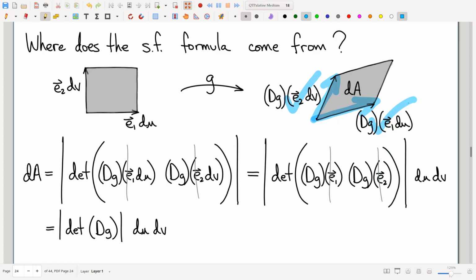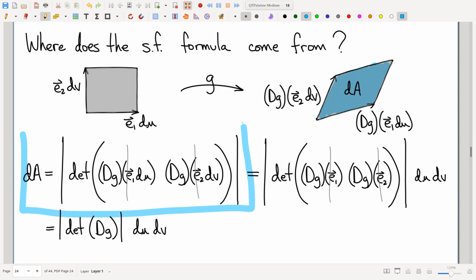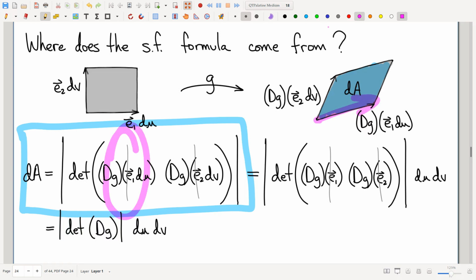Now, next thing I'm going to do is compute this area. Well, that's a parallelogram, and we have a formula for how to compute the area of a parallelogram, right? Way back, chapter 1, possibly Math219. The formula is first edge vector becomes the first column, and second edge vector becomes the second column.